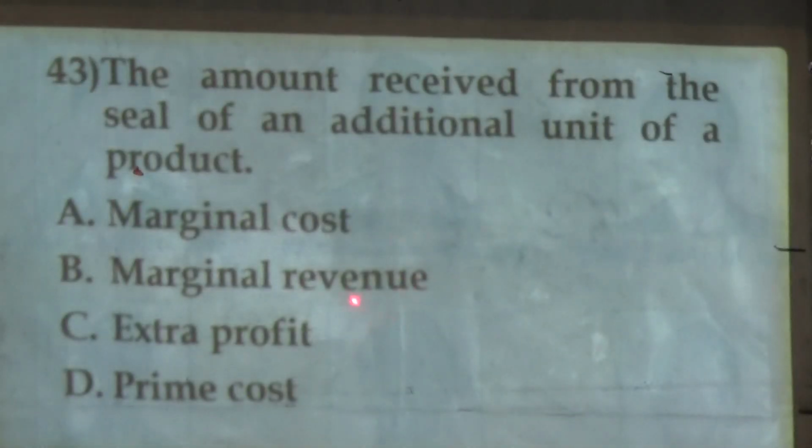Ito, additional unit. Amount received from the sale of an additional unit. Additional unit. So, answer is marginal cost. Okay? Yan yung cost para dun sa isang additional unit. Okay, marginal cost. Okay, oh.